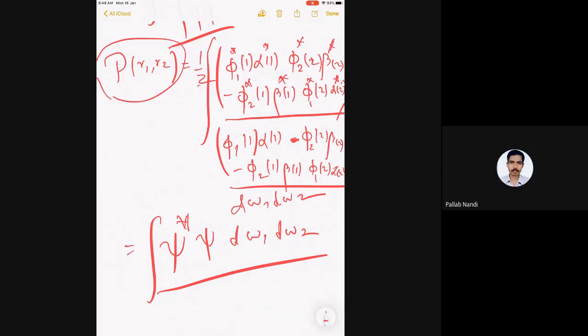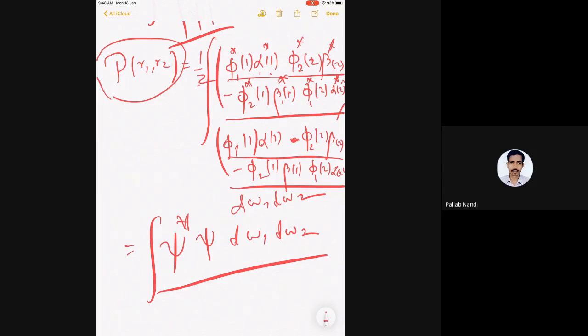Now when I integrate this, how will I integrate? Exactly the same idea. Integrate the 4 terms, this with this, this with this, this with this, this with this. I hope it's clear to all of you. So for the first term, the integration is only over coordinates of 1. That means phi star phi will not be integrated. They will remain. It's only alpha star alpha 1 over d omega 1. That's 1, right? Alpha is normalized.